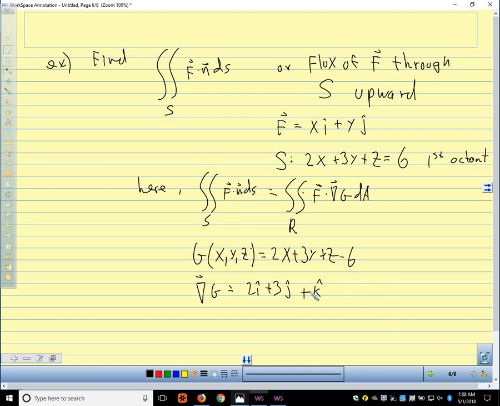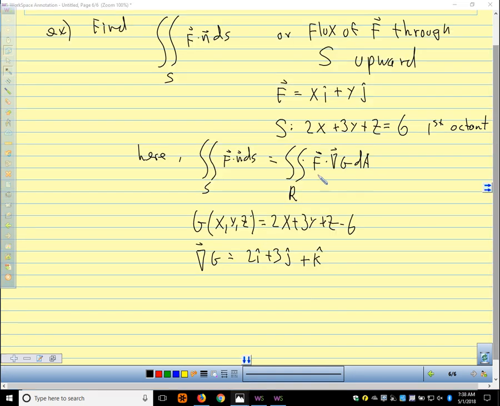We have our upward unit normal vector, since our k hat component is positive. F dot del g, nice easy dot product, is going to be 2x plus 3y. So that's the quantity that we're going to integrate, 2x plus 3y, over a region in the xy plane. Now we need to find our region in the first octant.